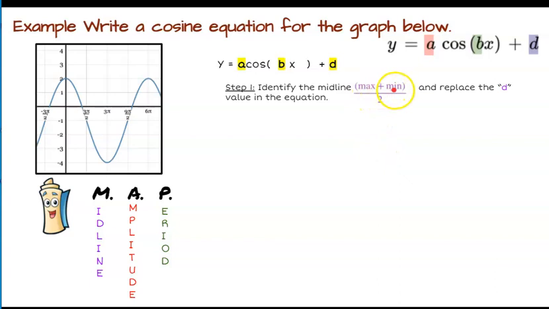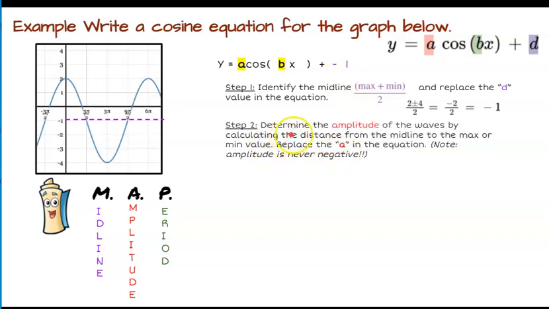Maximum plus minimum divided by 2, and then we'll replace the d in our equation once we find the value from the graph. The maximum here is 2, and the minimum is -4. So 2 plus -4 divided by 2 is equivalent to -1. So our midline is -1, and we will replace the d in our equation.